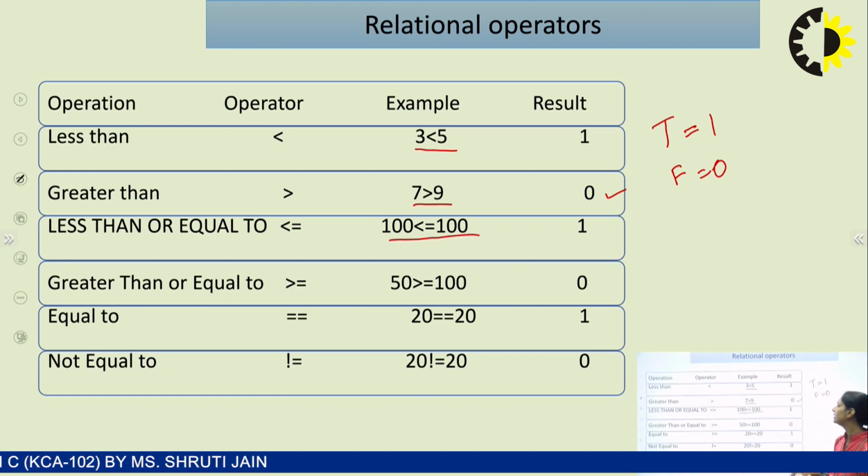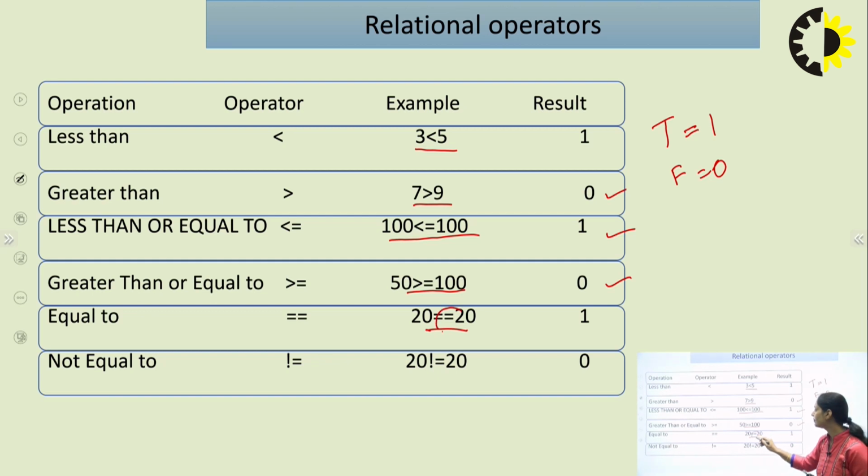100 is less than equal to 100, that is true, so it returns 1. 50 greater than equal to 100 is false, that is why it is returning 0. Next, this is a comparison operator, the equal to sign. So whenever we are writing A equal to B, in that case this equal to sign compares the LHS with the RHS, the L value with the R value.